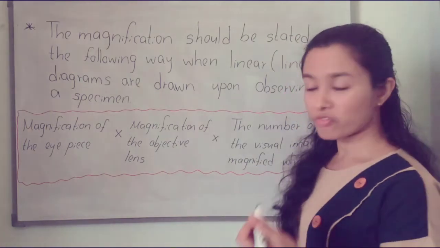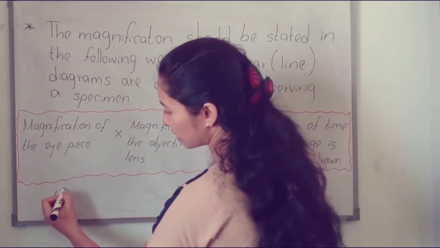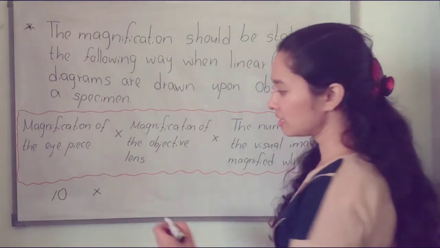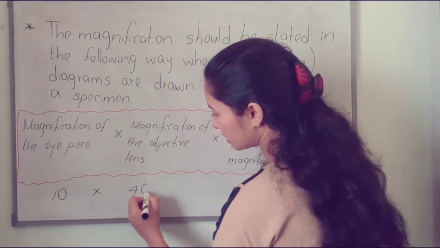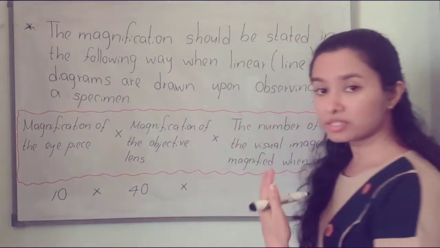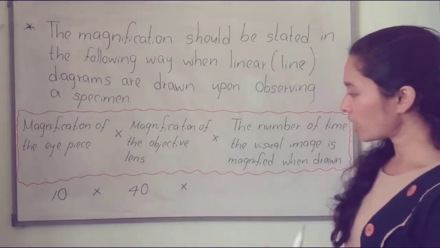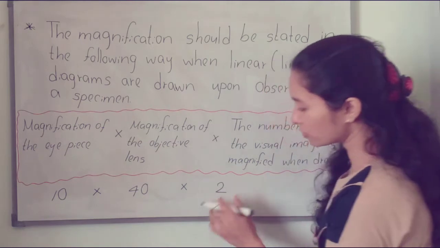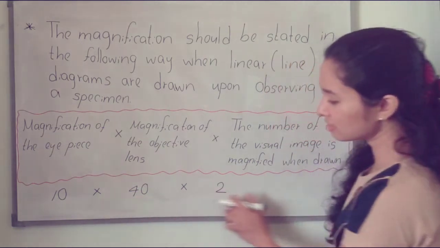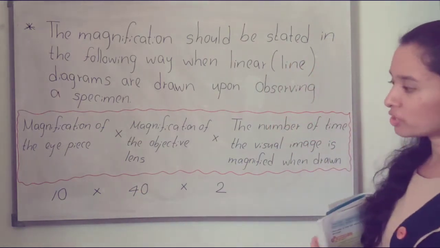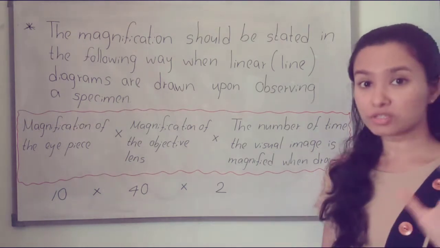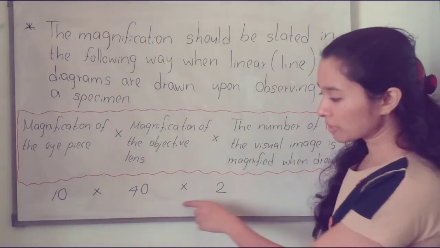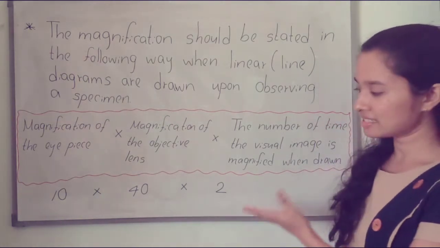The magnification of the eyepiece is 10 times and the magnification of the objective lens is 40 times. When you are drawing the diagram, you magnify it 2 times. Then you have to write 2. So this is the magnification of your drawing. When you are drawing the visual image, you have to mention the magnification like this.